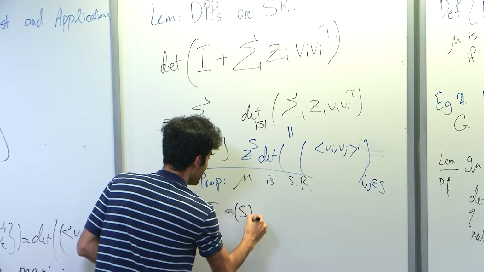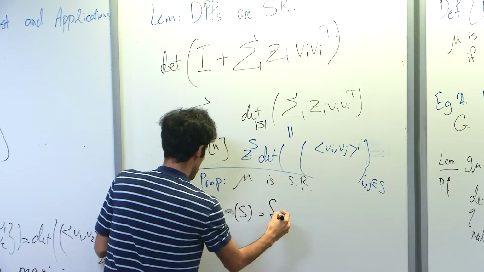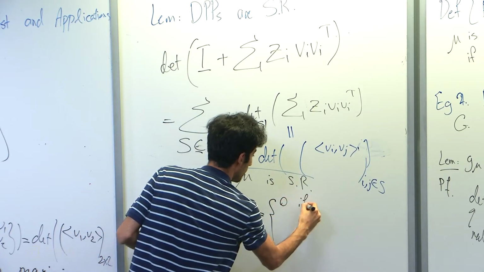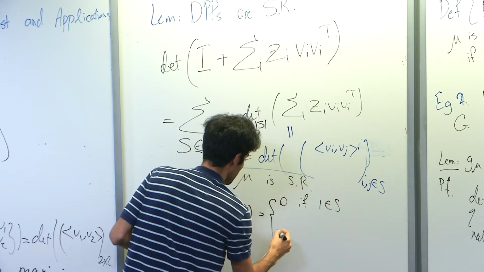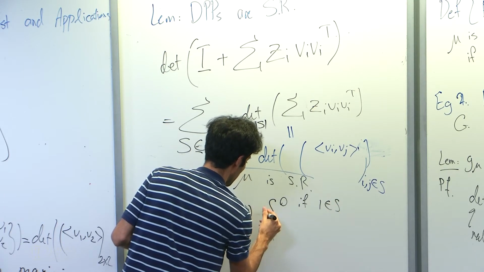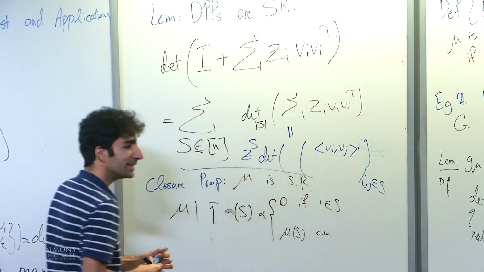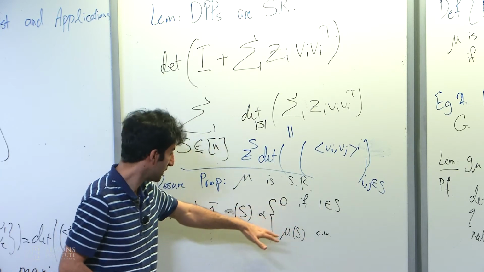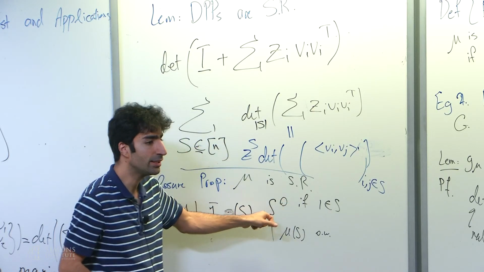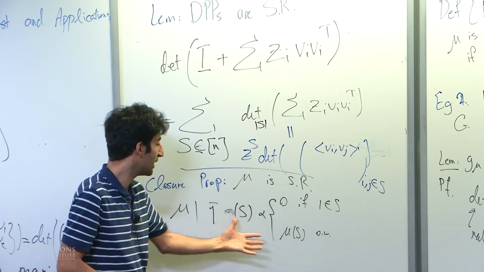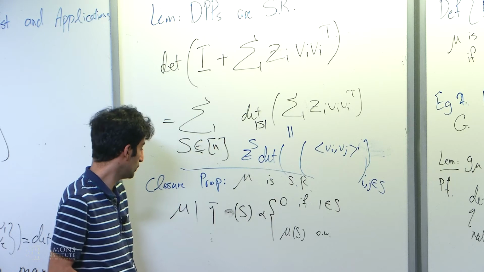For every set S, this is equal to 0 if 1 is in S, and it is proportional to mu of S otherwise. You basically throw away every set that contains 1, and you renormalize on the sets that do not contain 1.